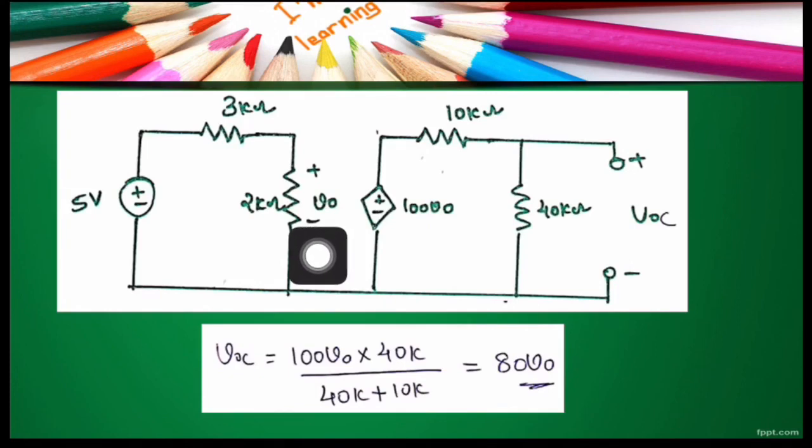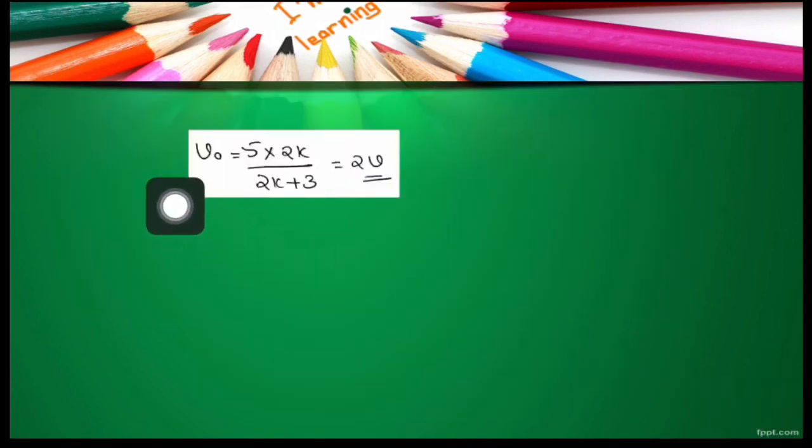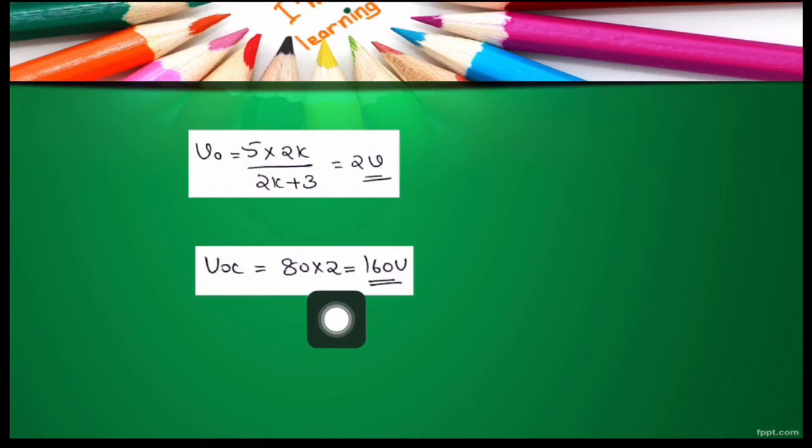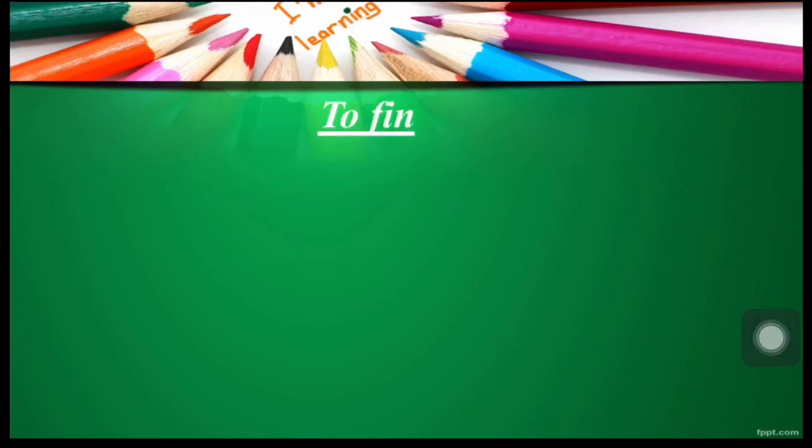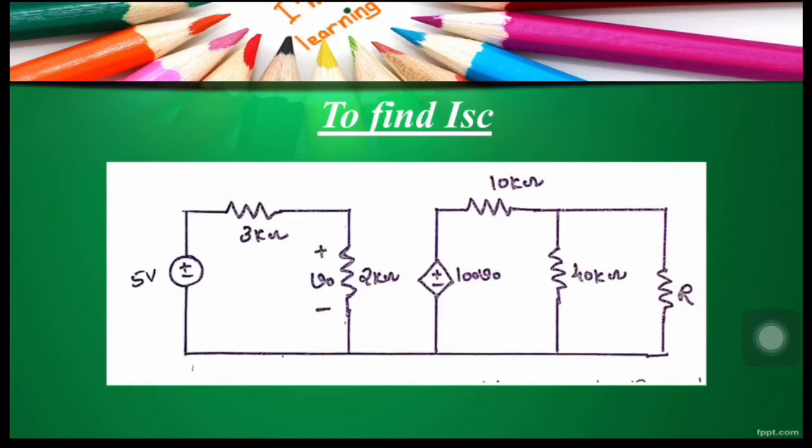That is, V0 is equal to 5 into 2k by 2k plus 3k. So we get V0 is equal to 2 volts. By substituting the value of V0, VOC becomes 160 volts. Clear?